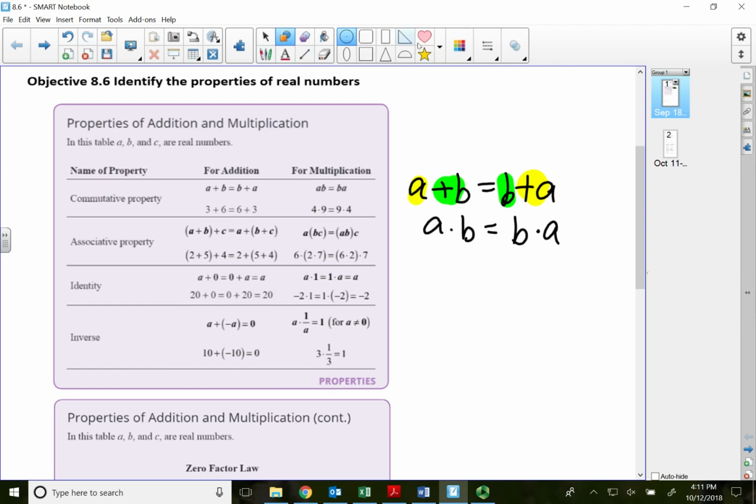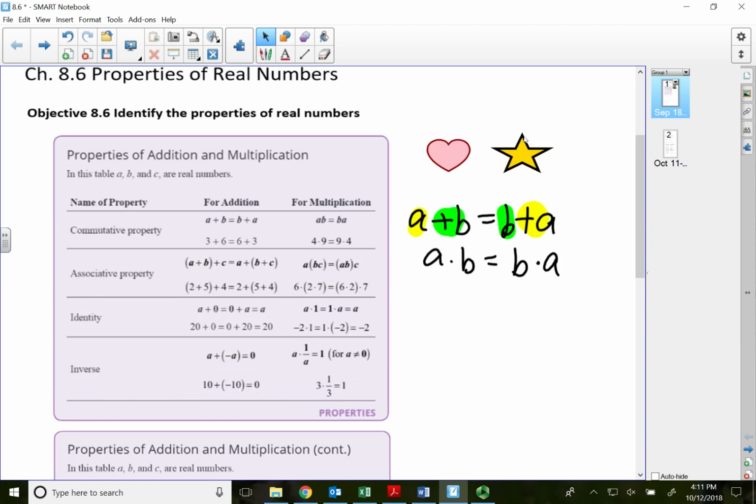For example, if I have a heart and a star together, here I have two terms. Together they are called an expression. Within the expression, I am allowed to swap the order of my terms because that still gives me the same two terms in the expression.